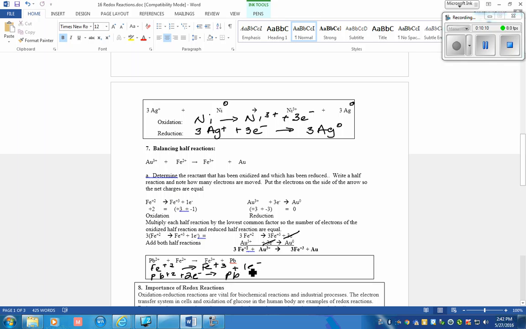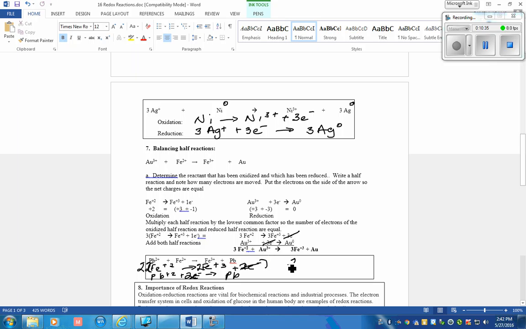We can see that we do not have the same number of electrons on each side of the arrow, so we must multiply the iron half reaction by 2 and then add them together. When we add these two together, this would become 2, this would become 2, and this would become 2. These would cancel.